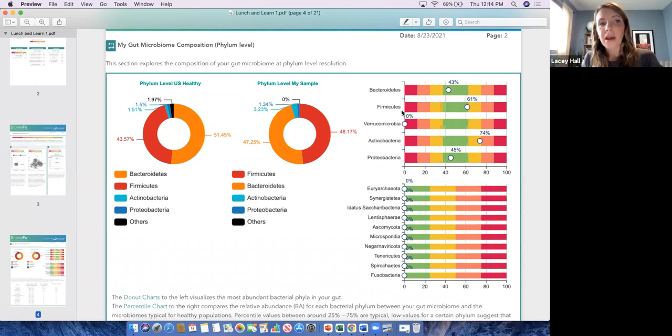Most everyone that you encounter is going to have these groups represented. So this group here, not showing up for her, this is Verrucomicrobia. This is one of our favorite bacteria residents. It's called Akkermansia muciniphila. We're seeing that it's not showing up, so we're not going to see it most likely on the other pages as well.